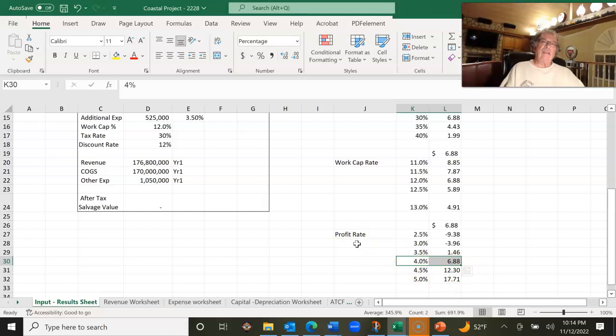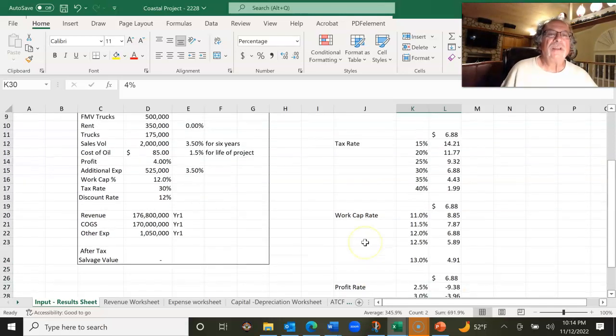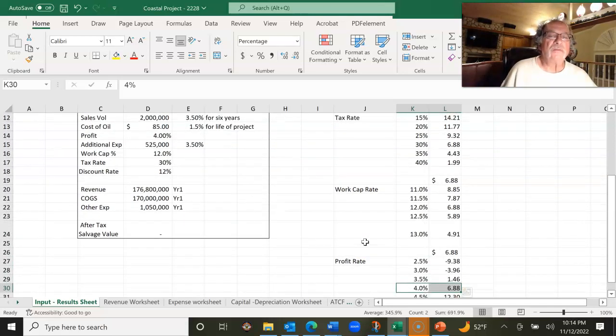So the idea here is when you do sensitivity analysis, you want to find the X variable that the performance variable is most sensitive to. Now, if I were to stare at this, my instincts are it's most sensitive to the profit rate. It's very sensitive to the working capital rate.